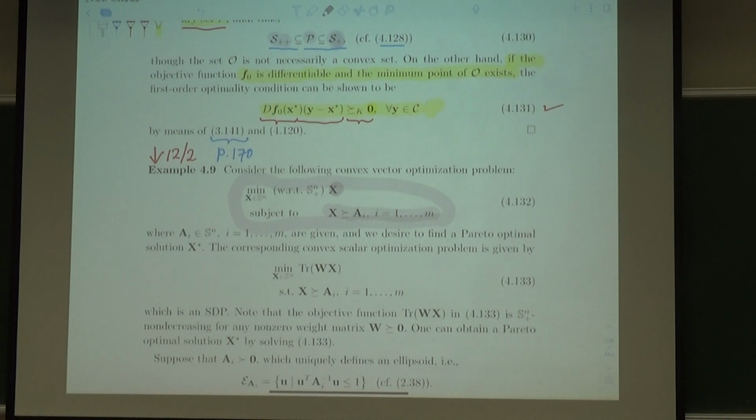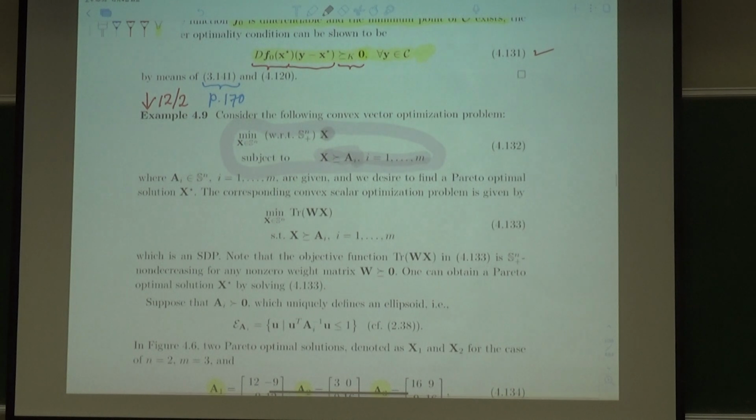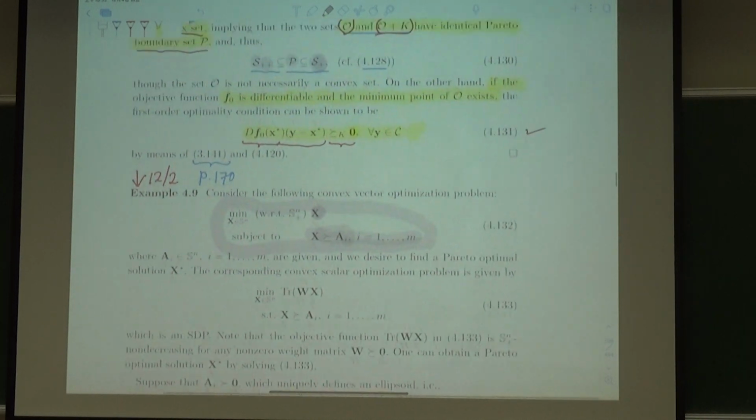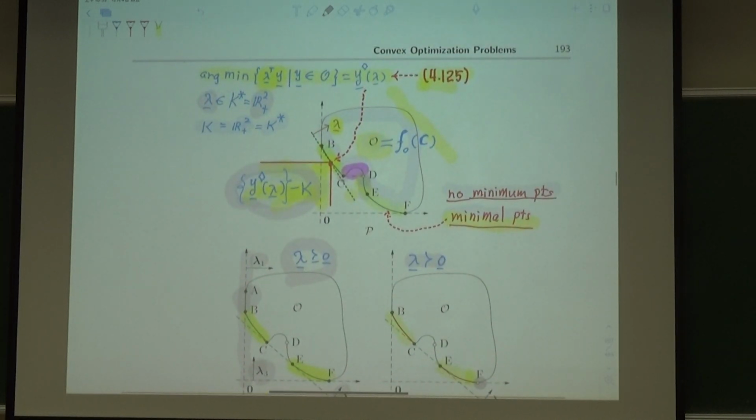I didn't mention that capital K is the proper cone, which means it's a PSD cone. So let's see how we solve this problem. We check, as you know, the extreme points. If they exist, there are multiple extreme points, so that's considered to solve this problem.